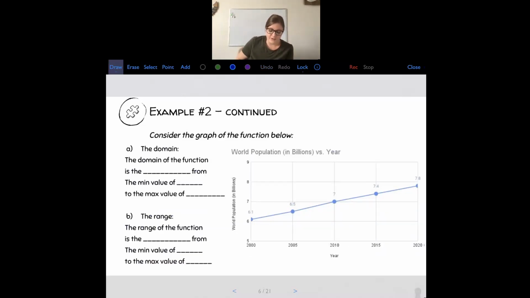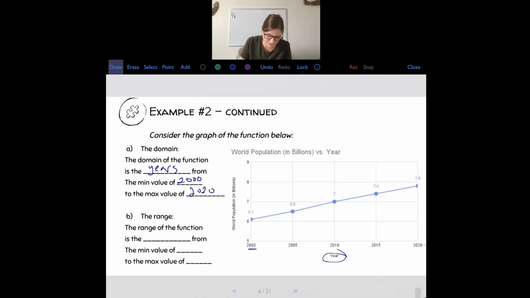Continued, so consider the graph. The domain of the function is going to be the years, because those are our independent variables, from the minimum value, our lowest year, 2000, to the maximum value, our highest year, 2020. So our domain is going from all the years 2000 included all the way up to 2020 included.